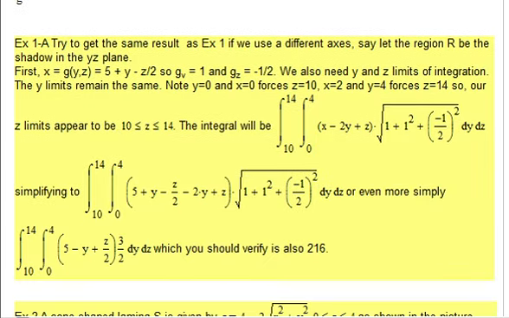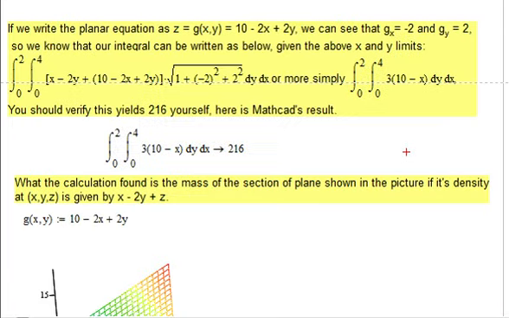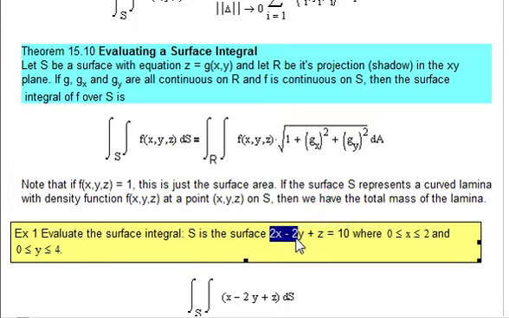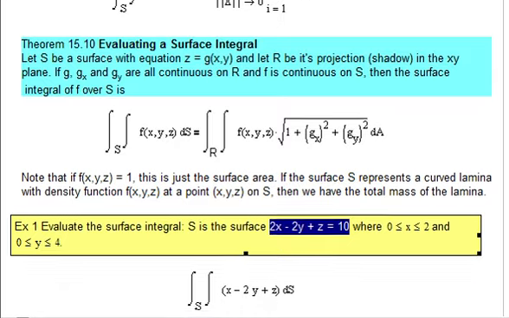So first of all, our original function, we'd need to have it solved for x. If you solve this for x, we'd have 2x equals 10 plus 2y minus z, and then dividing both sides by 2, we get x equals 5 plus y minus z over 2.